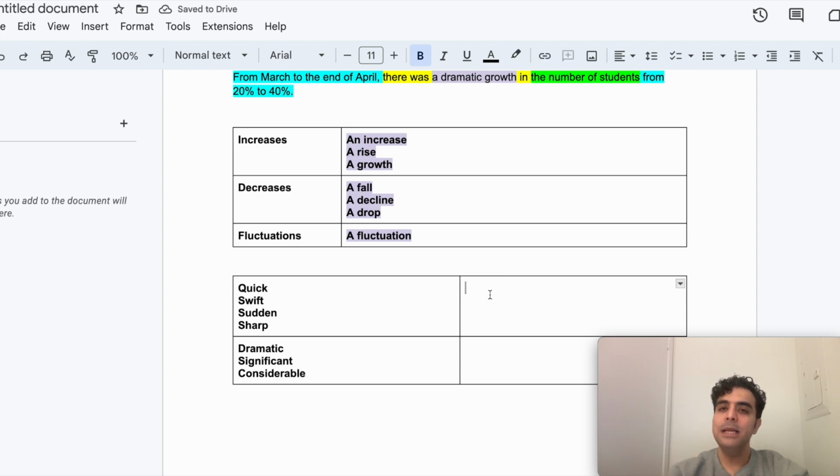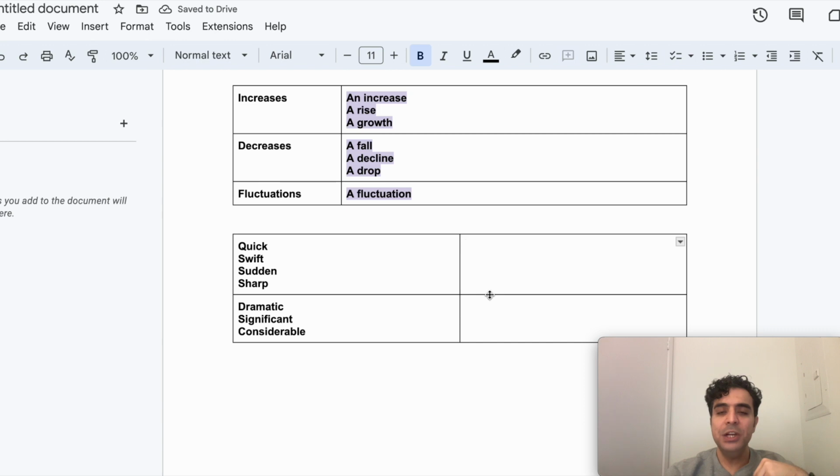What about the opposite? What if the increase or the decrease that I'm describing using this noun phrase structure happened to a very small degree or happened very slowly? Well, if it's the speed you're talking about and it's slow, well, you could use slow, gradual, and then also gentle. There was a gentle rise, right? So these are some adjectives you could use.